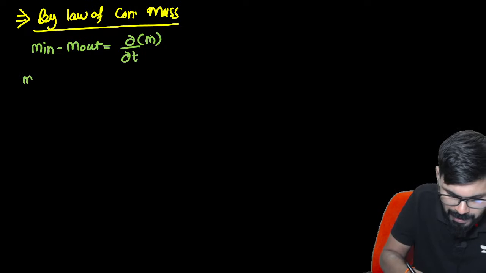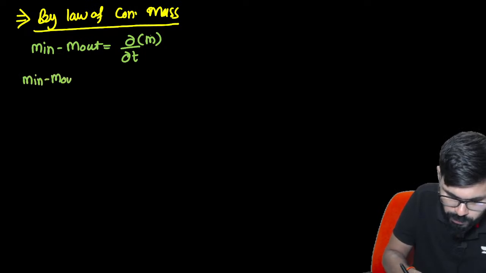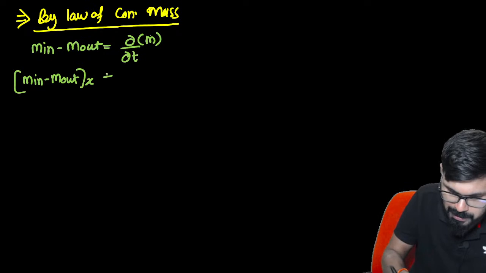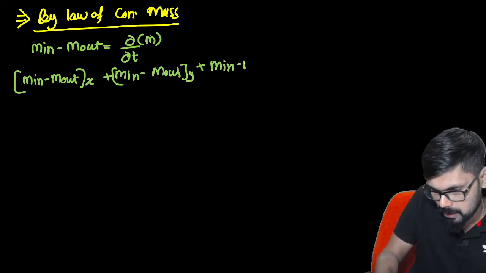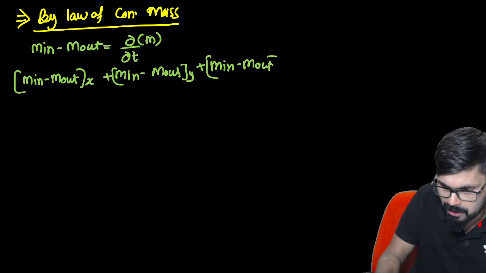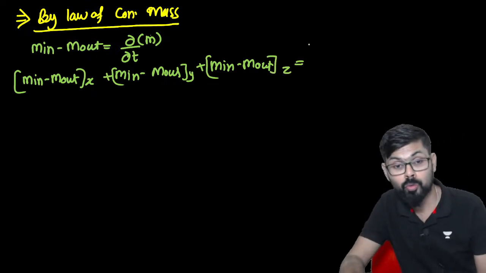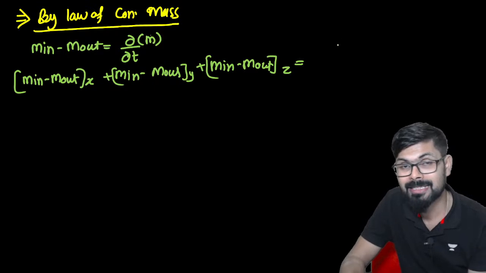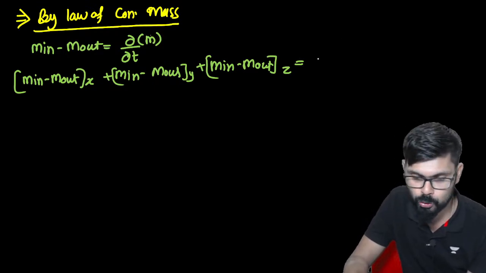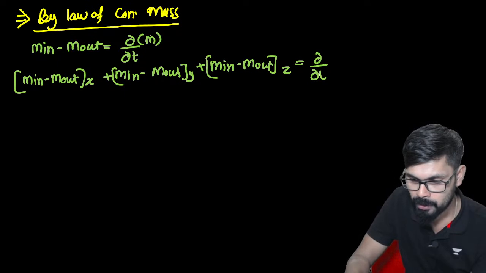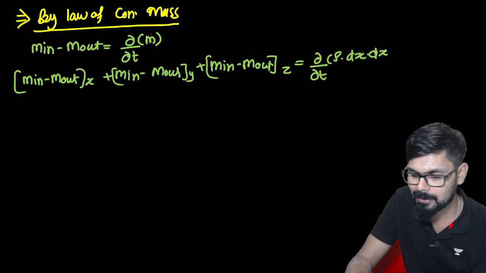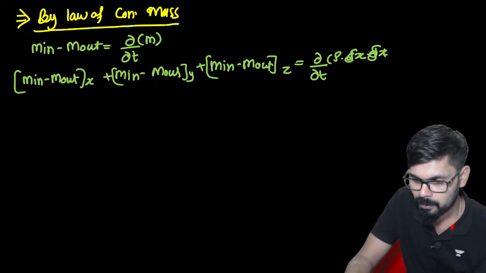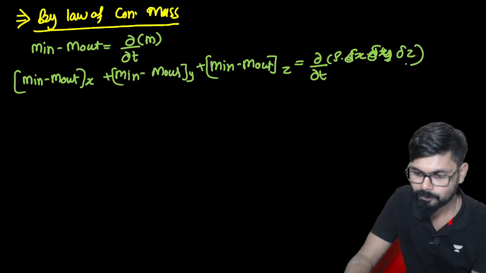I can write here m in minus m out of x direction plus m in minus m out of y direction plus m in minus m out of z direction is equal to dou by dou t of mass. Mass क्या होता है, rho into volume. So I can write dou by dou t of rho into volume, क्या है इसका, delta x delta y delta z. क्लियर है.